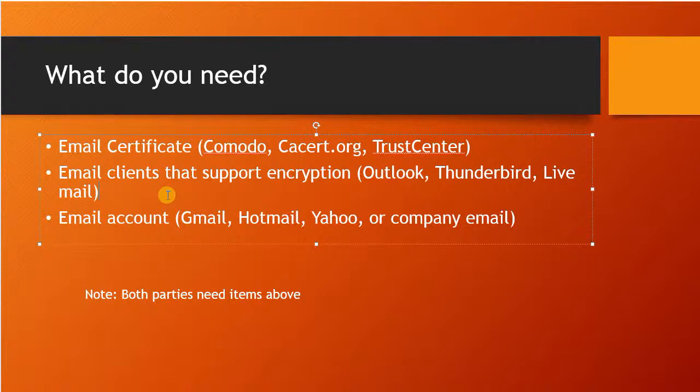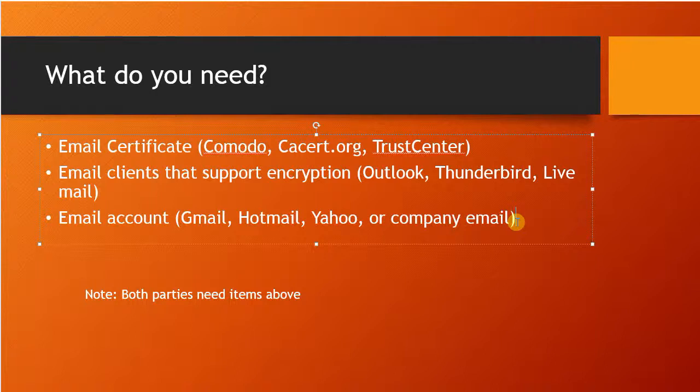Basically the very popular email clients all support it, for example Outlook, Thunderbird, or even the free Live Mail. And the third requirement, for sure, is an email account. You can use a free email account, for example Gmail, Hotmail, Yahoo Mail, or you can use your company's email as well.